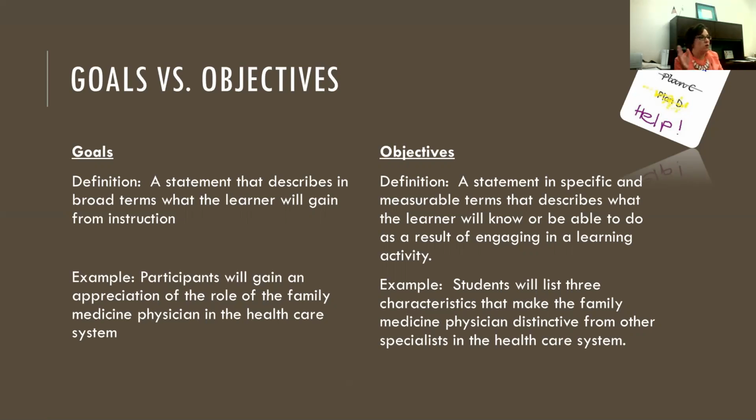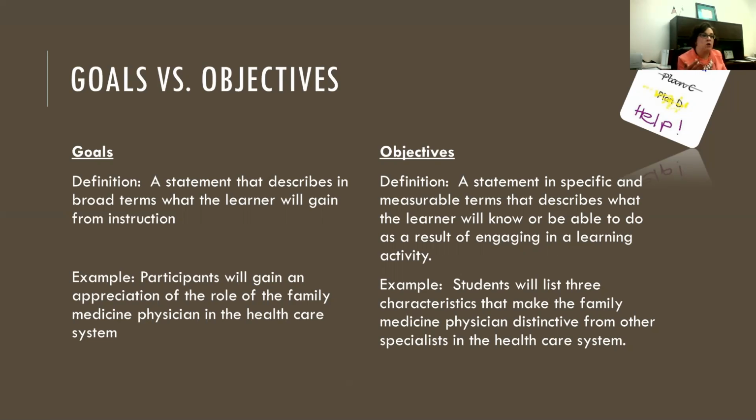It describes what the learner's going to know and what they're going to be able to do because they were involved in this learning activity. So here the example is students will list 3 characteristics that make the family medicine physician distinctive from other specialists in the healthcare system. If you can see the difference between those two, that's really what we need to think about.